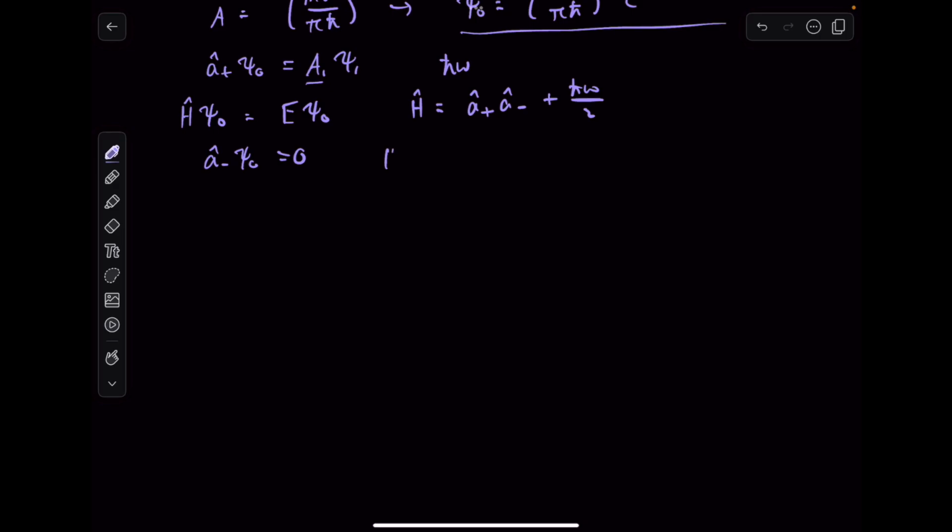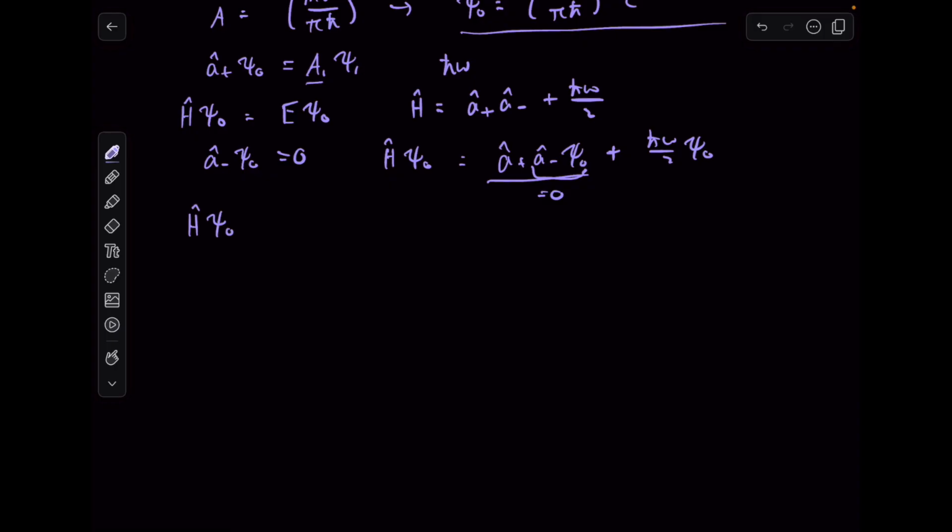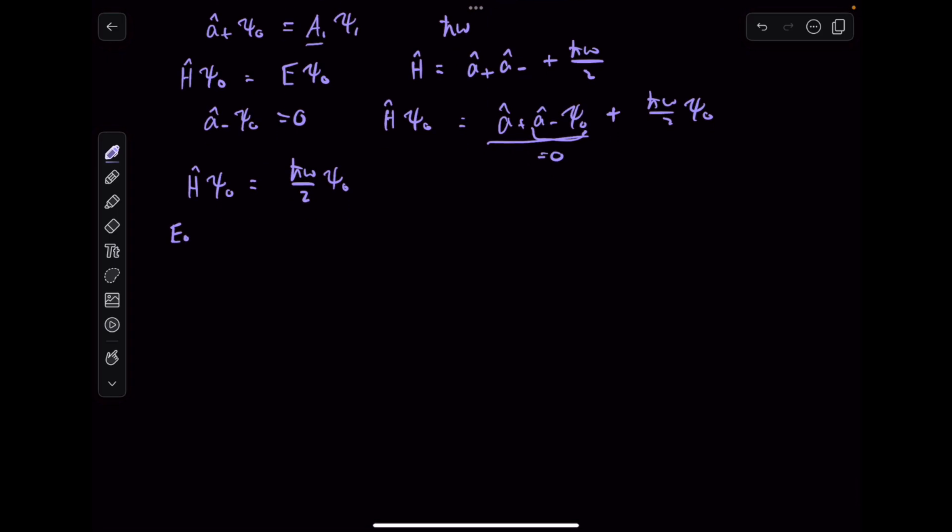So the Hamiltonian acting on the ground state is going to be the raising times lowering acting on the ground state plus h bar omega over 2 times the ground state. And then the first part is just going to go to 0. So we have our Hamiltonian on the ground state is equal to h bar omega over 2 times the ground state, which simply means that the minimum energy is h bar omega over 2.